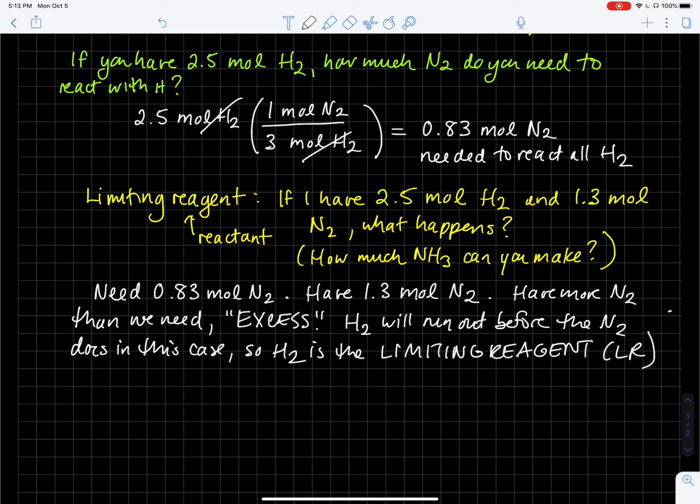Okay. So what will happen is described here. The H2 will run out before the N2, and to get specific about how much product we make, this is sort of the key point: the limiting reagent determines how much product you can make.